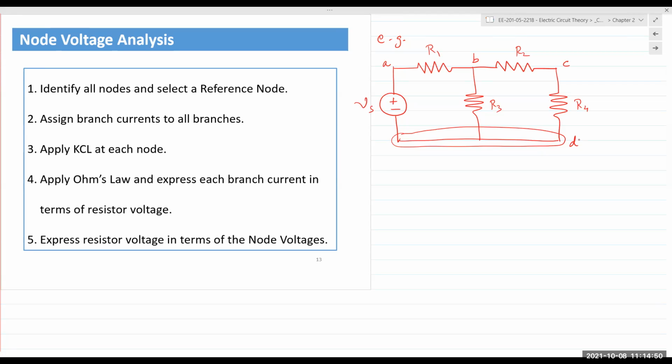Then you choose a reference node. More often than not, it is very convenient to choose the ground as the reference node. But it does not have to be ground. It does not need to be ground.